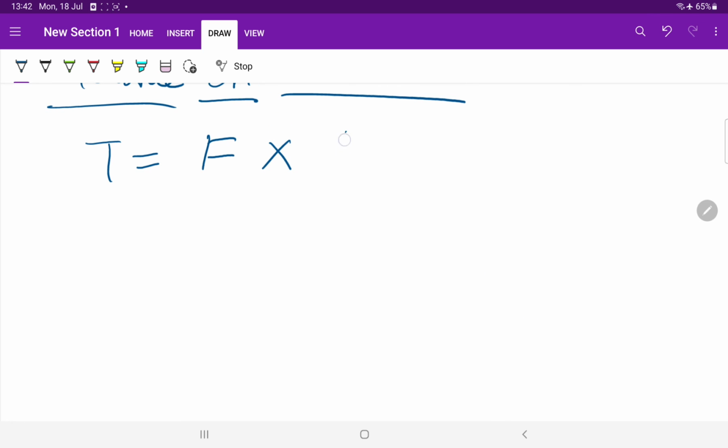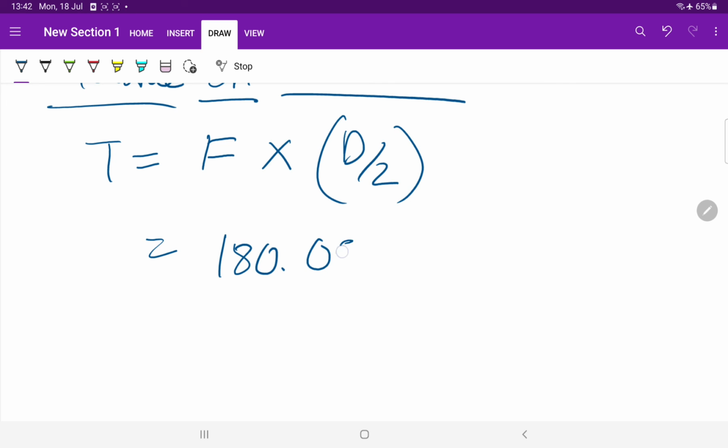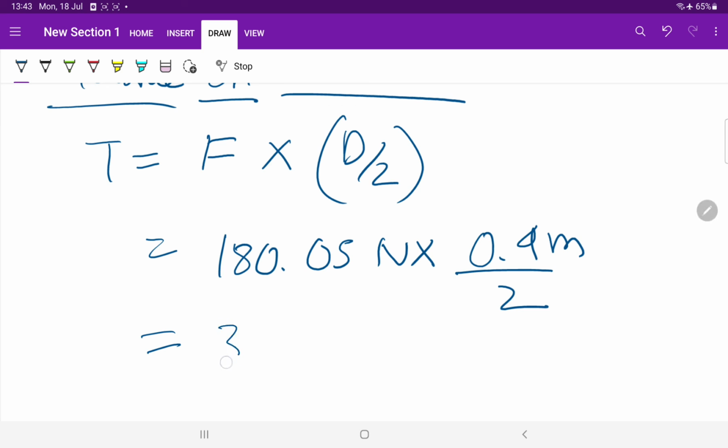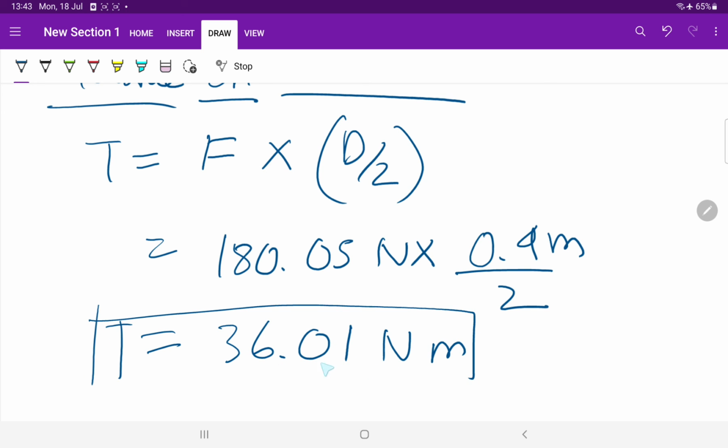So F into D by 2, this will be the torque in the shaft. F we have just found, 180.05 Newton. D is 0.4 meter by 2. Just multiply this and it will come as 36.01 Newton meter. The torque will be this much.